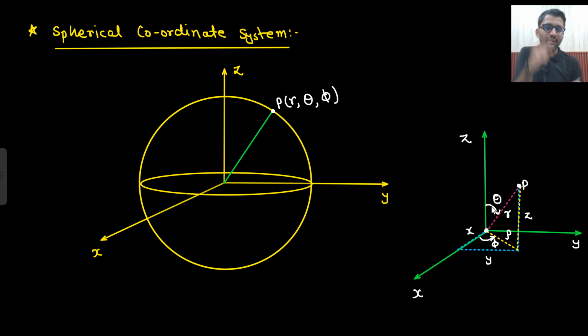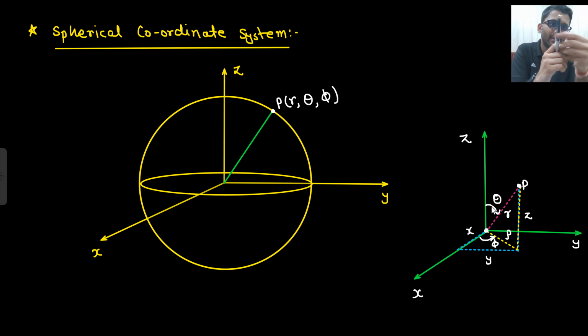Very important line. This is my z axis and this is my r. So from top to bottom, this is the angle theta.